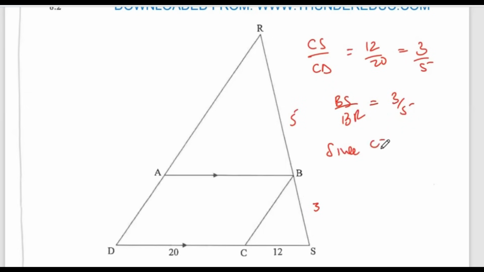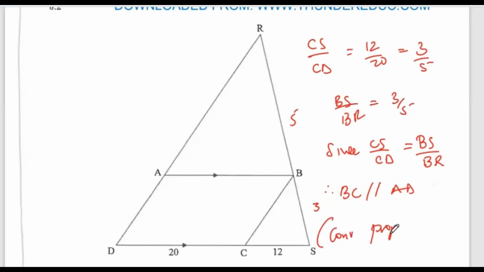Since CS over CD is the same as BS over BR, therefore BC is parallel to AD. It's AD, but we also take it as DR. So these two lines are parallel. The reason is the converse of the proportionality theorem. So that is our first question, 8.2.1.